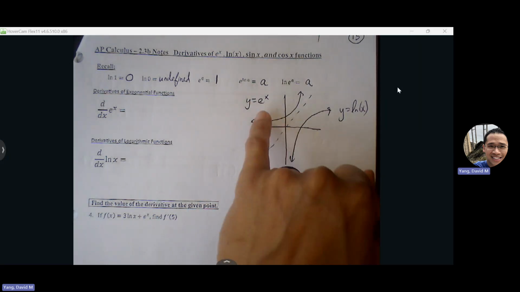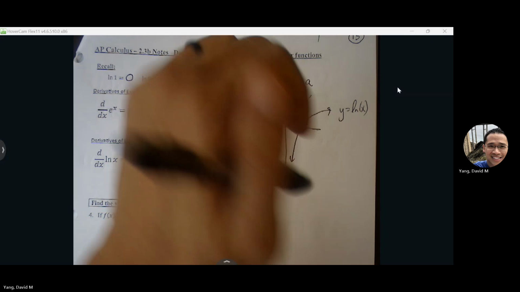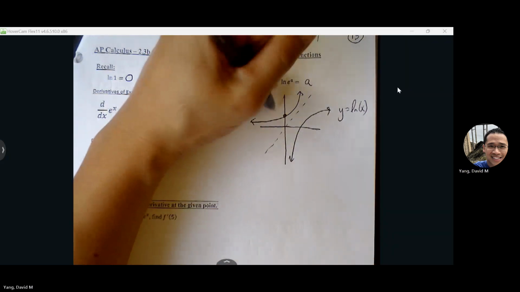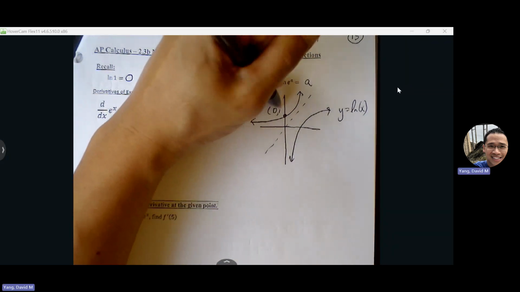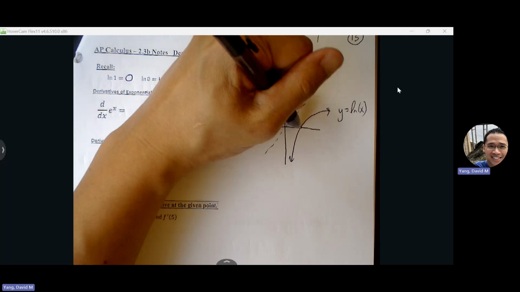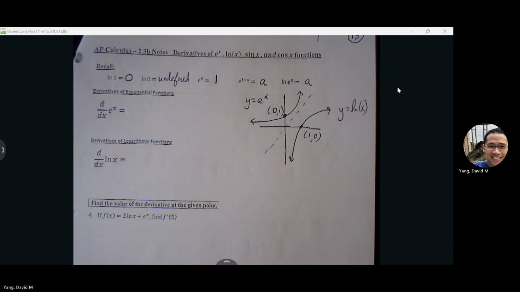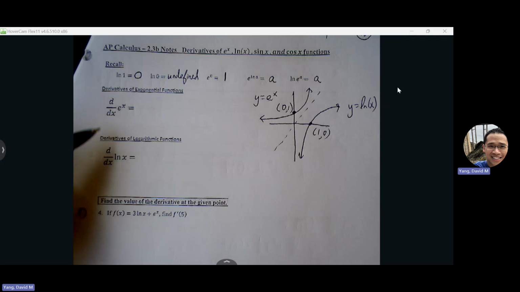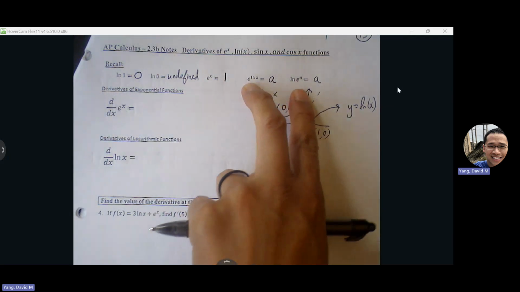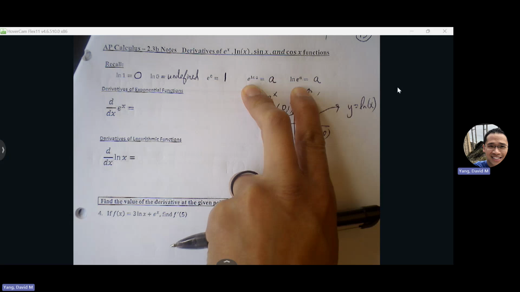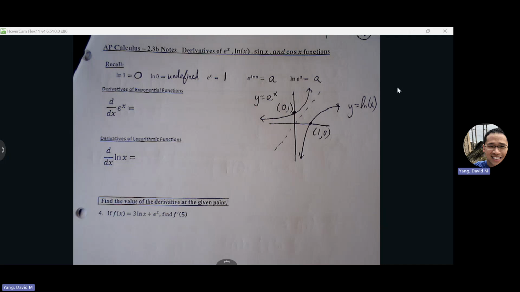So if there's an ordered pair of (0, 1) on e to the x, then there's an ordered pair (1, 0) on the natural log. That's why they have a way of undoing and canceling each other if we insert one function into the other.